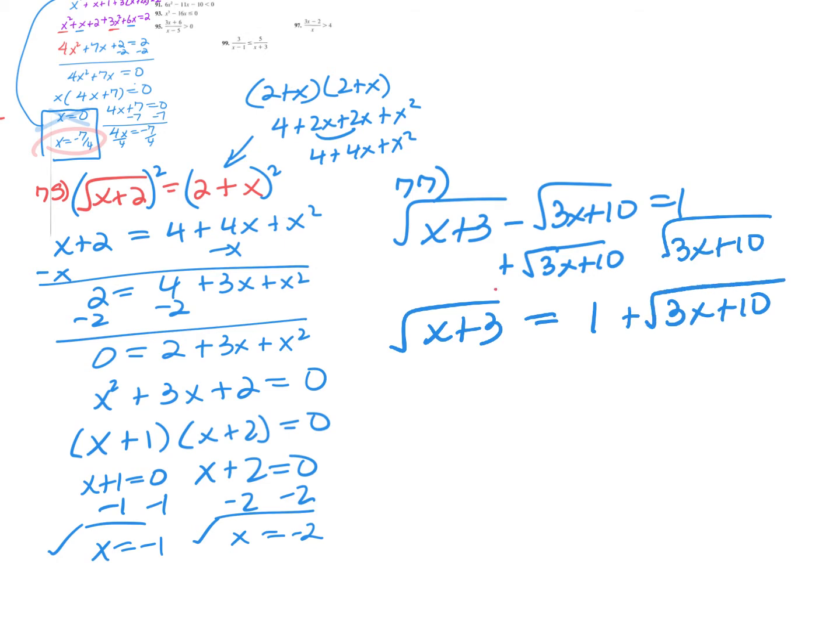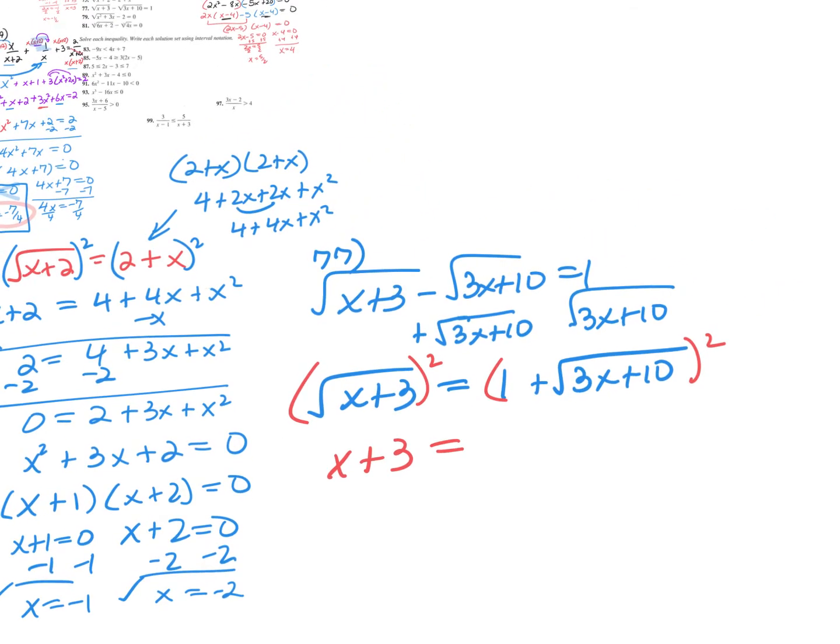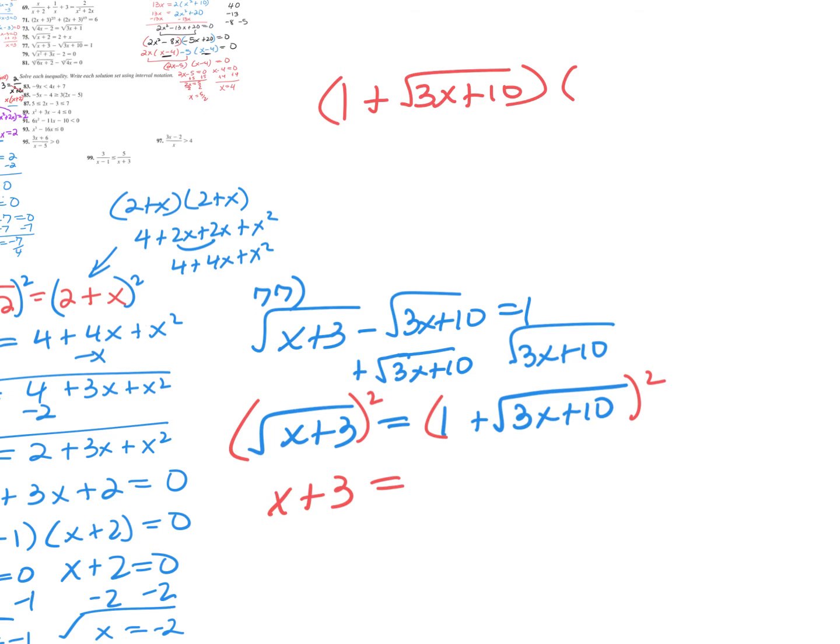Remember, you're squaring both sides. So the left side frees up. However, the right side, I got to FOIL that thing. So again, if it helps you to write it out 2 times so you can see it a little bit better, then definitely do that.